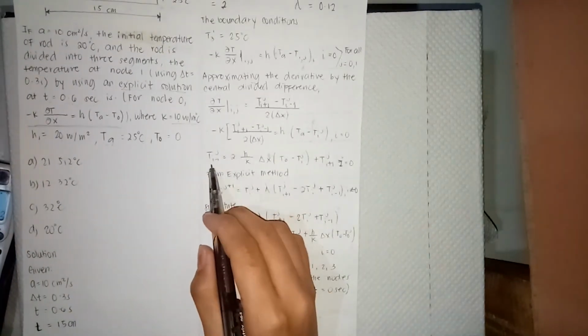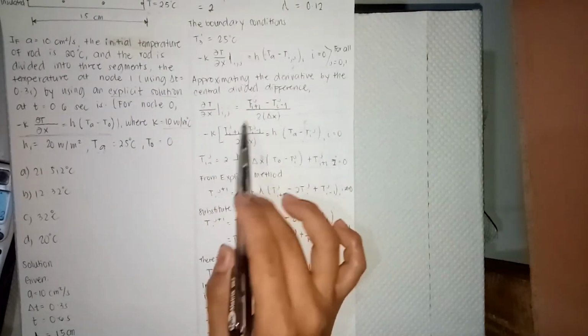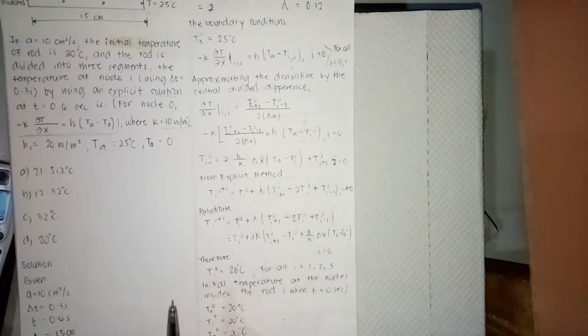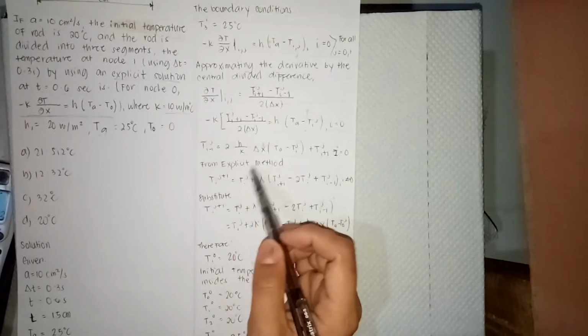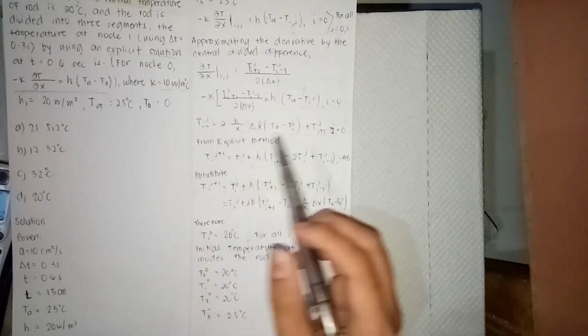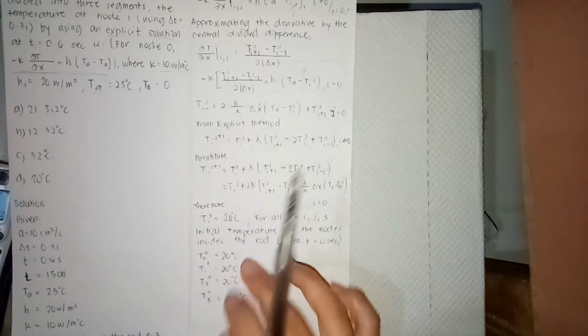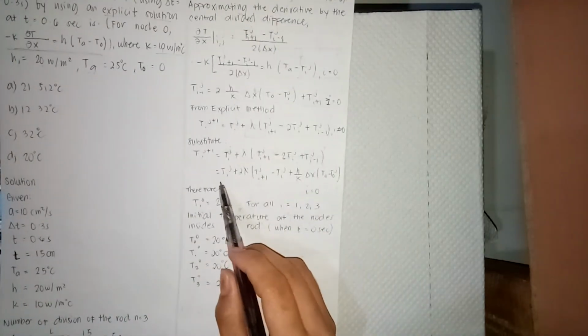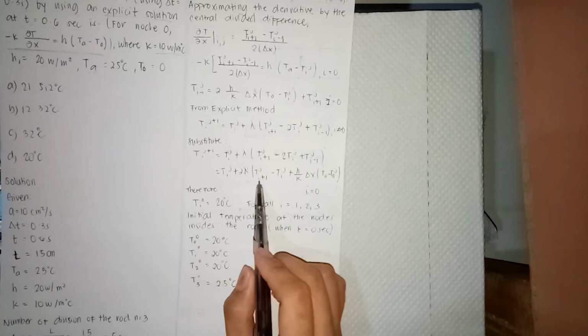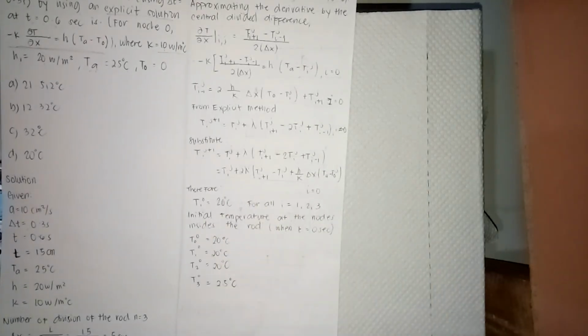This will be the result. We rewrite our formula from here, and then the next thing we will do is substitute all the equations, and then we will get this equation.